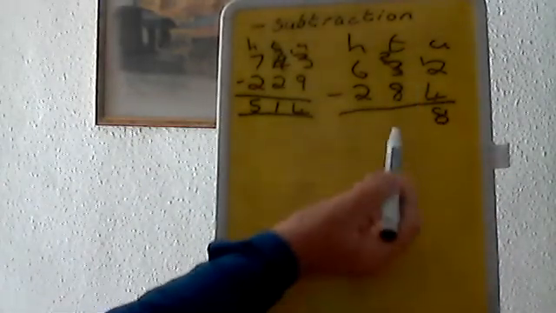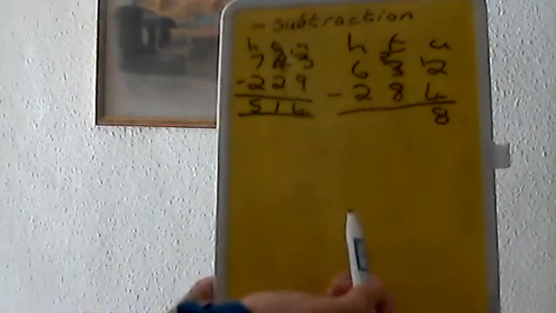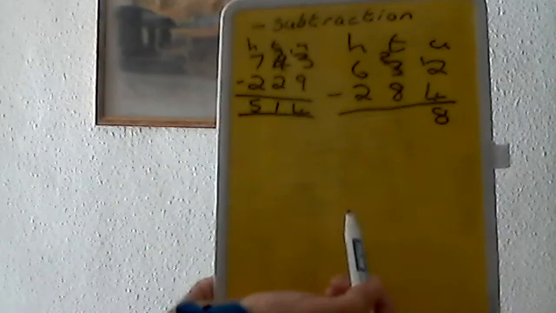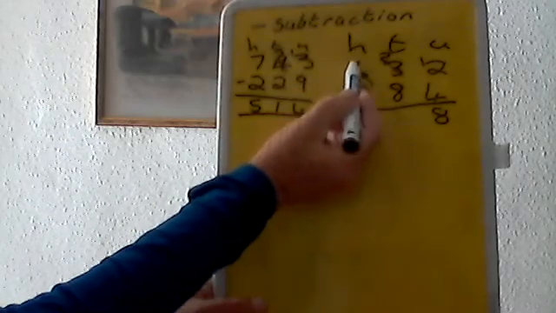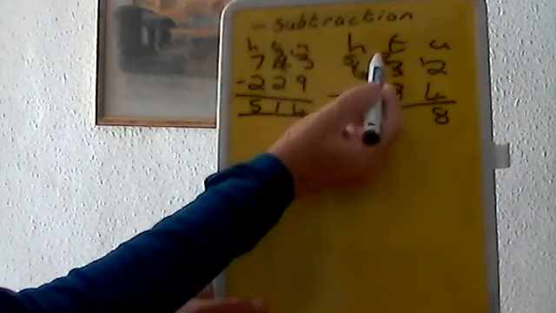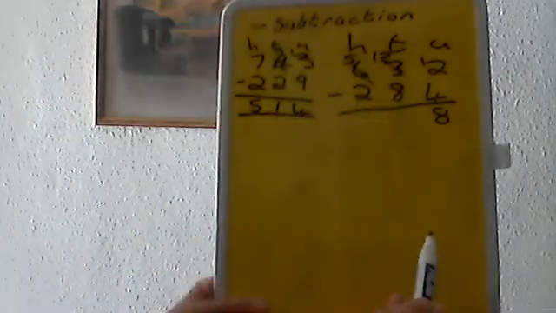Brilliant. Now to the tens. 2 tens minus 8 tens. Can't do it. So I'm going to the hundreds and I'm going to take one of those. So I've only got 5 hundreds now. I'll put the 100 over there. If you remember in this column, they were all tens.